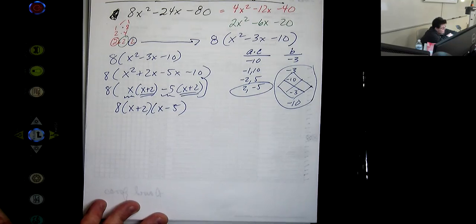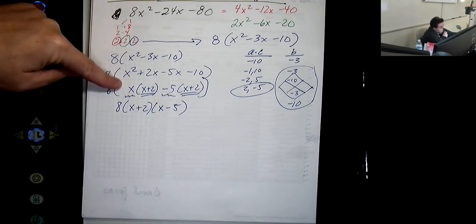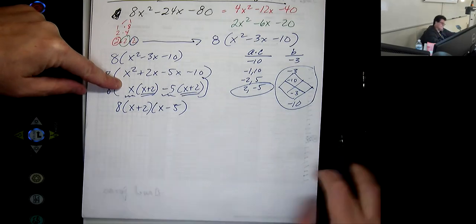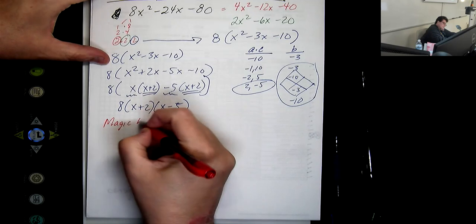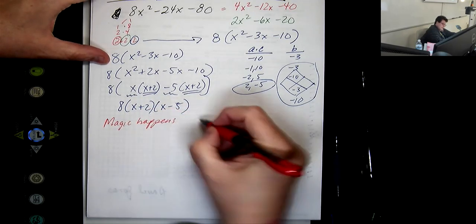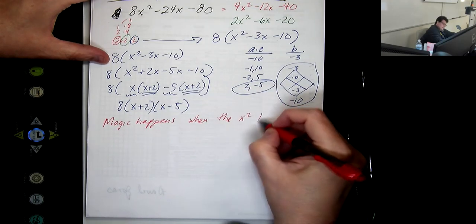Now, if you learned this in high school, how to do it with a 1 in front, you probably didn't do this step right here. Because there's some magic stuff. Magic happens when the x squared term has a 1 in front.